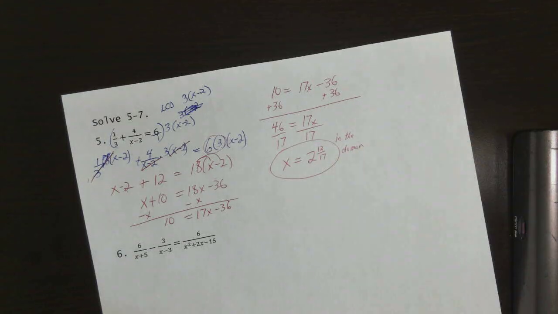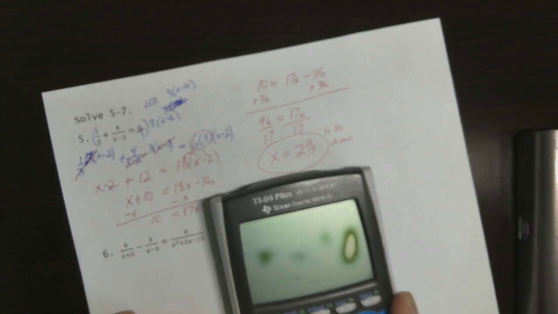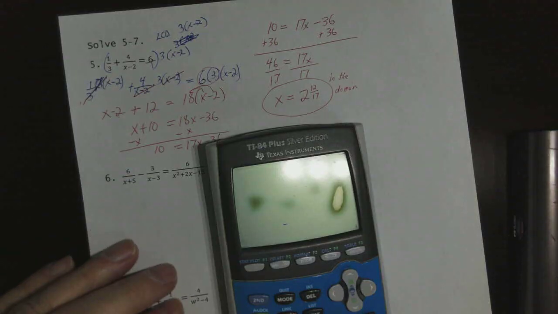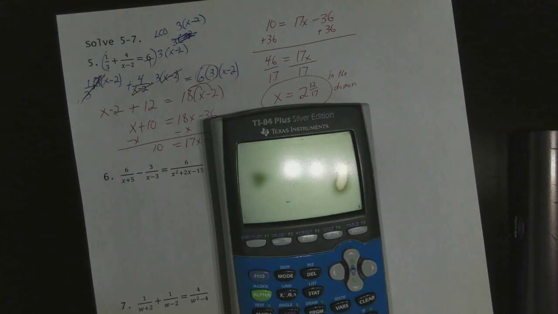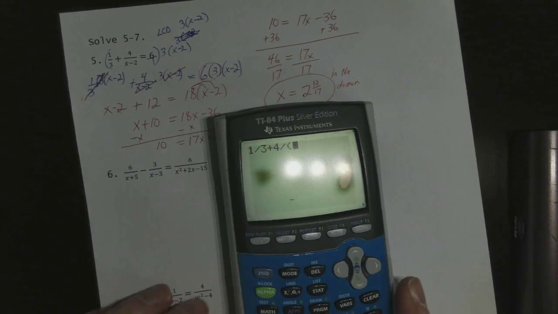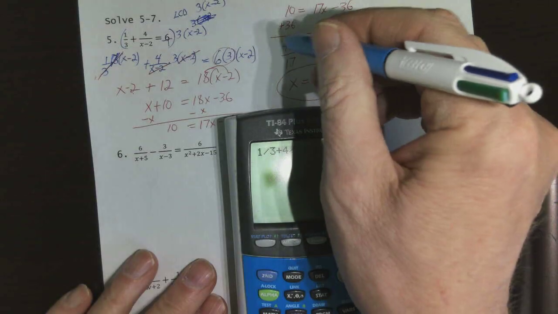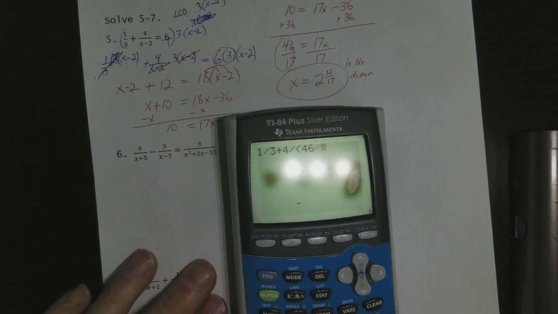So I'm going to just check with the calculator. So here's how I would check on the calculator. I turn it on first. I would take 1 divided by 3, that's the 1/3, plus 4 divided by, and then parentheses, I would use the 46/17, that's 46 divided by 17.